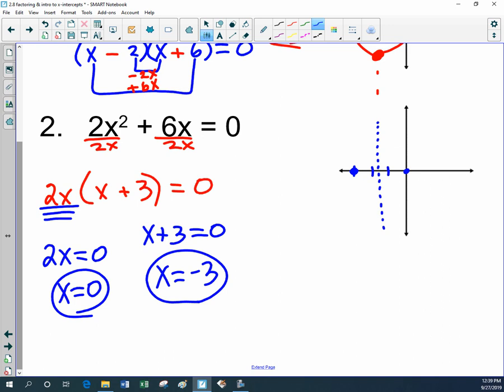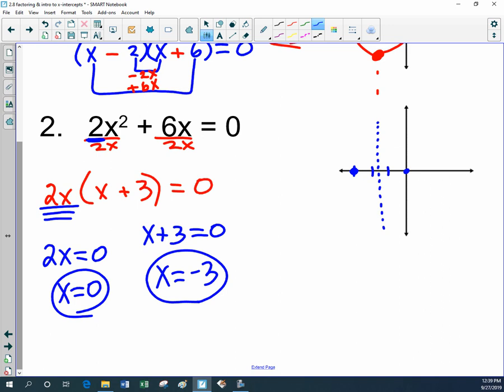Now, does the graph open up or down? Is A positive or negative? It's positive, so it's going to open up. So if it's going to open up, what side of the x-axis is it going to be on? Above it or below it? Below it. And this is the part that you guys are asking about.